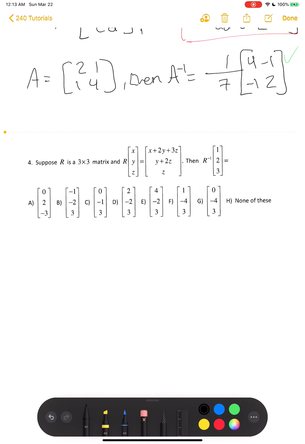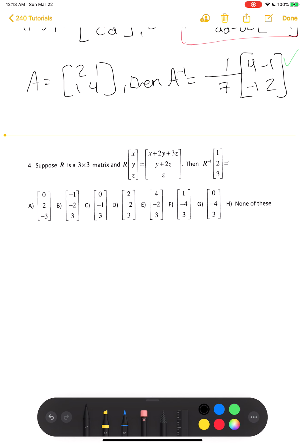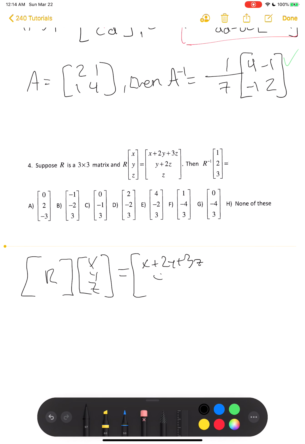So I have this property here that R is some matrix here. I multiply it by x, y, z, and I get x plus 2y plus 3z, y plus 2z, and z.